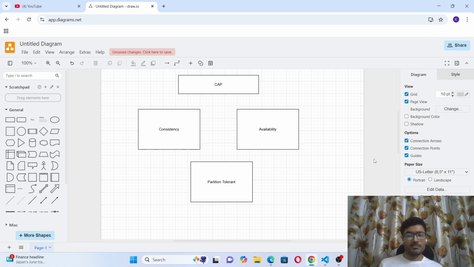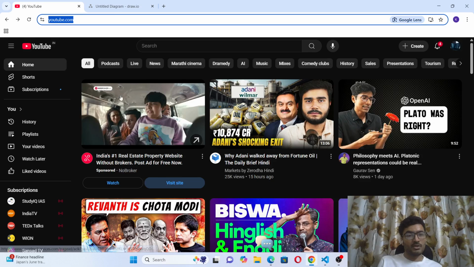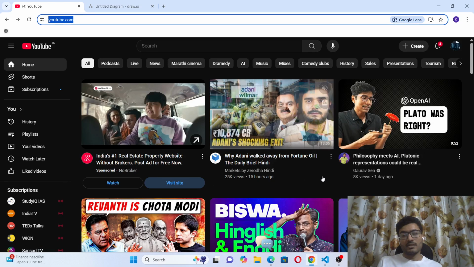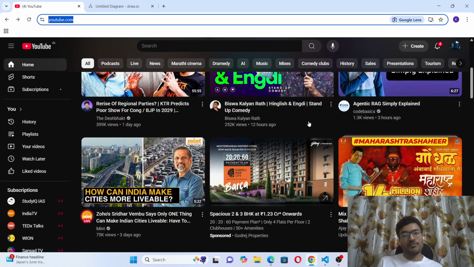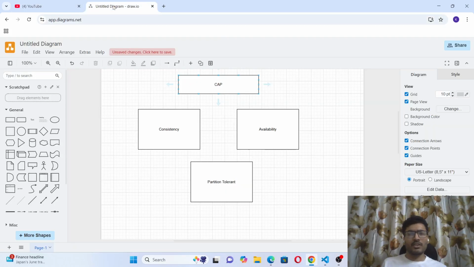But to give you an example, consider YouTube and the count service. In YouTube, you see all these counts: 75K, 8K, then 319, 250K. This particular count is a microservice. It's returning you the count of all the videos which are viewed by different people.